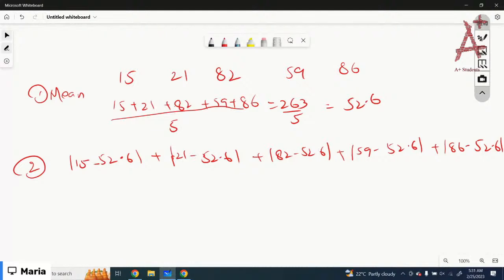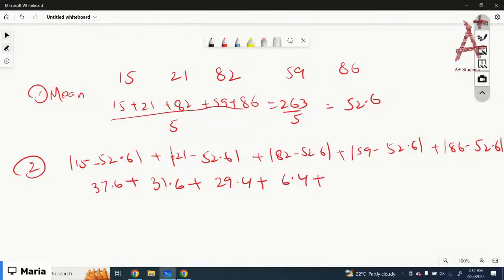15 minus 52.6, that is 37.6. Then 21 minus 52.6, that is 31.6. Then 82 minus 52.6, that is 29.4. Then 59 minus 52.6, that is 6.4.